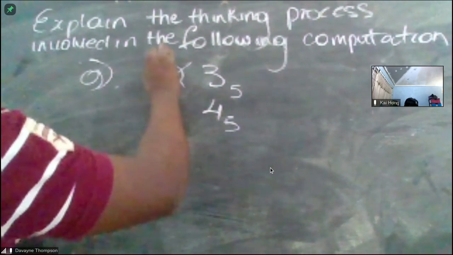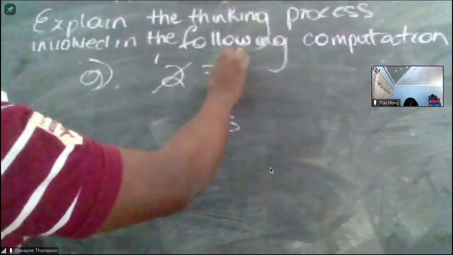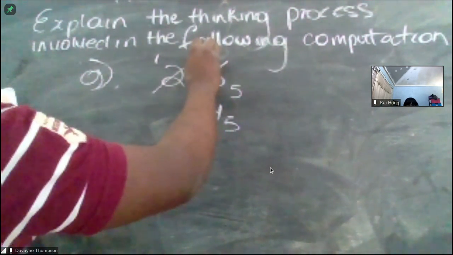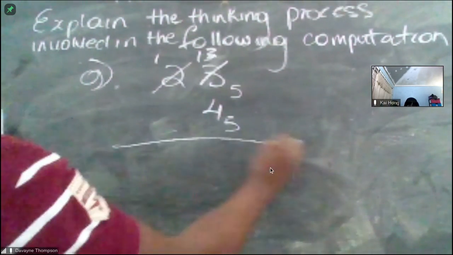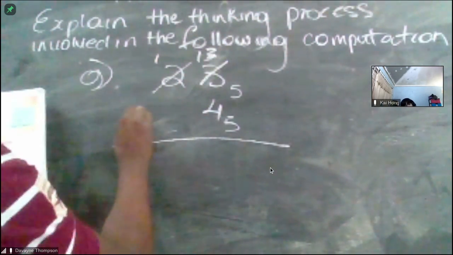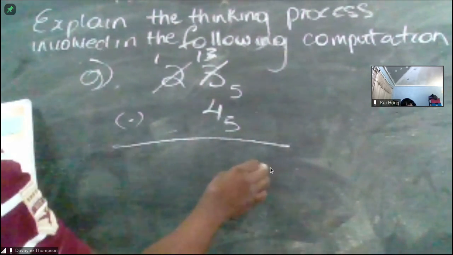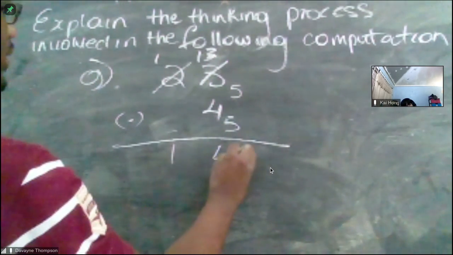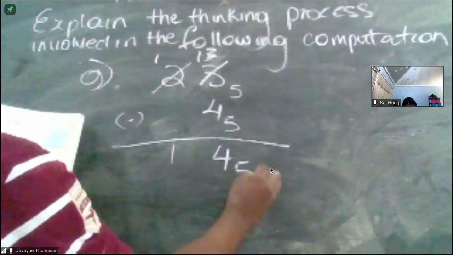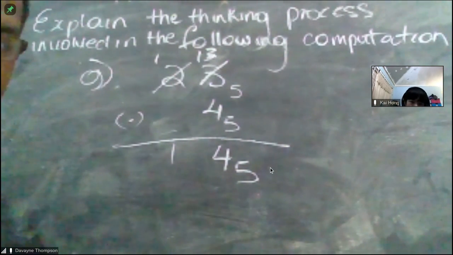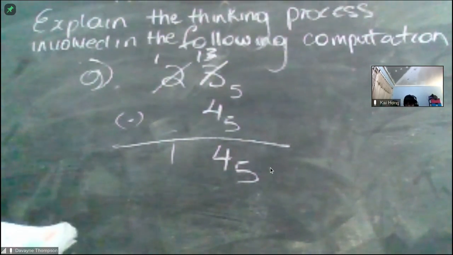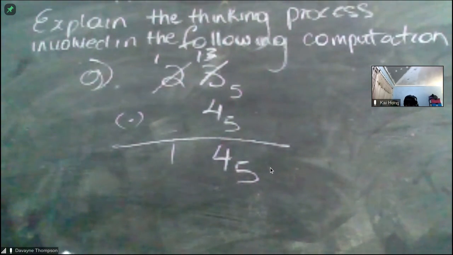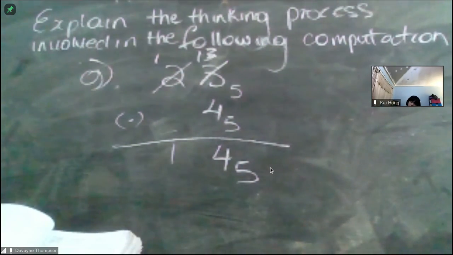Then we subtract, and we have 1, 3 above here, and then a bar below, and we got 14. You're going to explain how we got 14 by going through the steps. Alright, that's the first one. And then now, question 2.